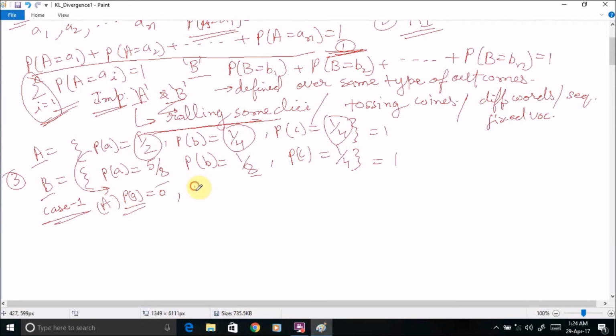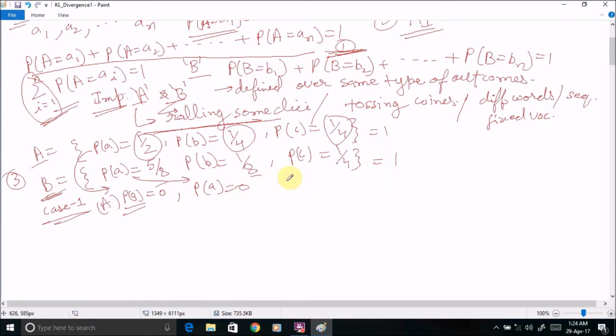Similarly, the first event in probability distribution B is also equal to 0. This means that both distributions say that this event is not possible. In this case, computation doesn't create any problem.